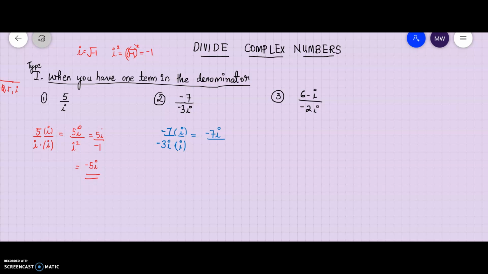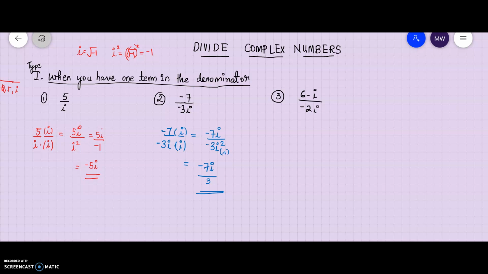In the denominator, we have -3i squared. So that makes it -7i in the numerator, and in the denominator, i squared changes to -1. So -1 times -3 becomes +3, and that's it. We don't have any more imaginary in the denominator. So that is done.